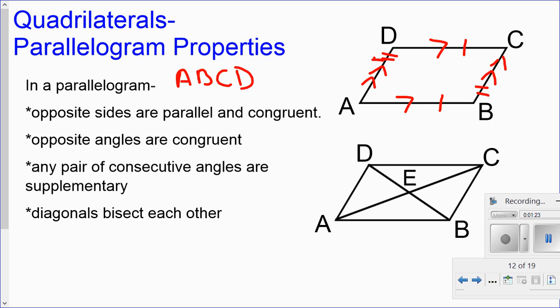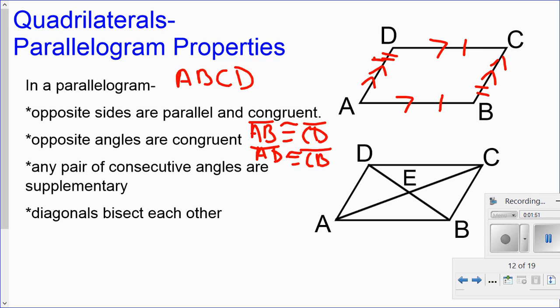Okay, now another fact. Before we look at the next fact, let's write out what we know. So we marked the diagram, but what that means is, if this is a parallelogram, then I can say that segment AB is congruent to segment CD, and segment AD is congruent to segment CB.